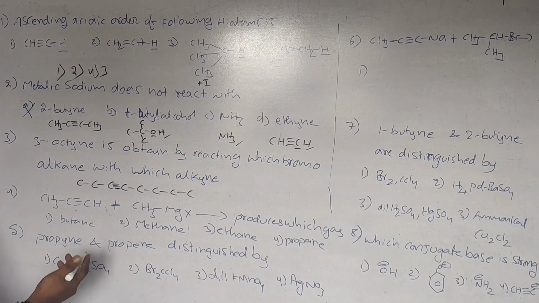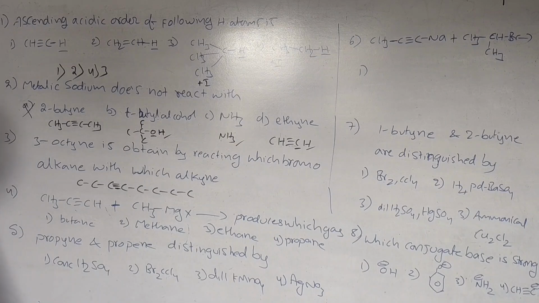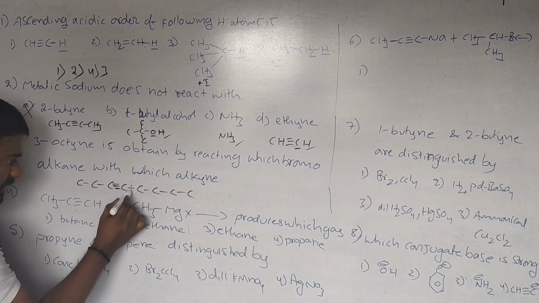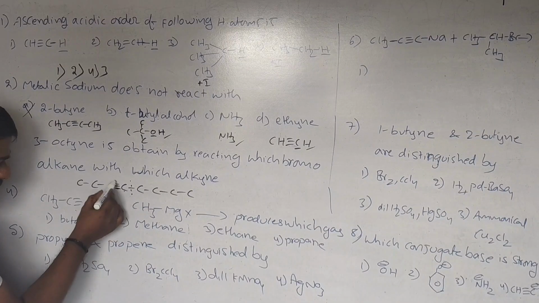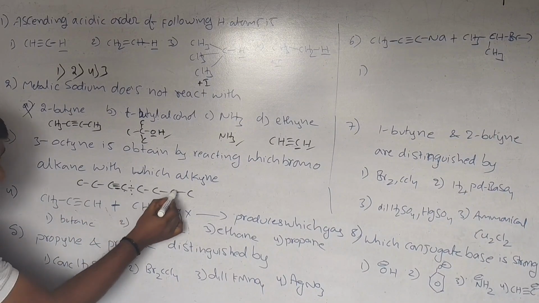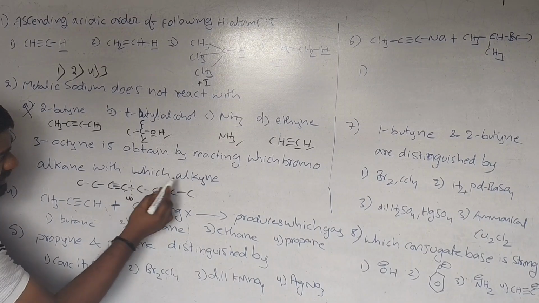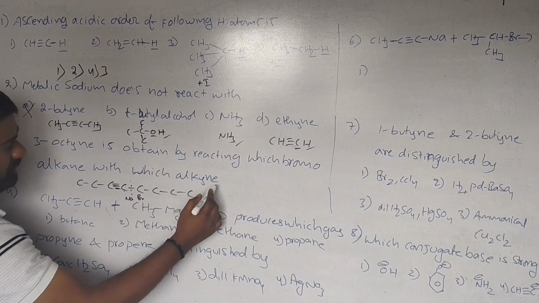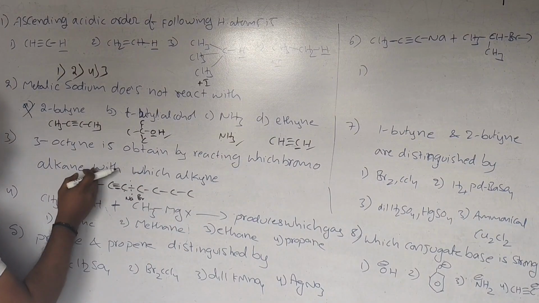3-octyne is obtained by reacting a bromoalkane with an alkyne. Here, after the triple bond you have to break. To this you have to add sodium. So this sodium alkynide will react with this bromide. On this side you have to add Na, on this side you have to add the halogen Br. Which bromoalkane is reacting with which alkyne?